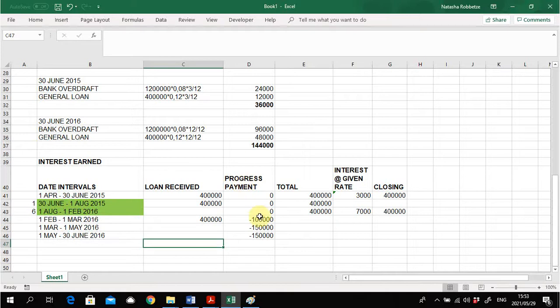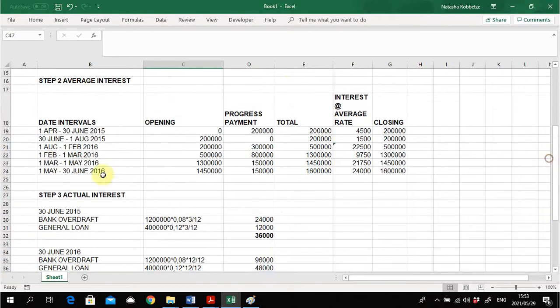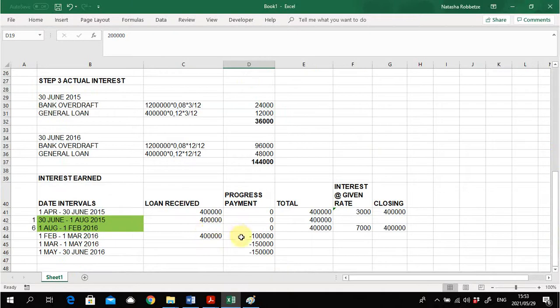Please note how the progress payments are now minused with interest paid. Progress payments are added. So 400 minus 100 gives us 300,000. So that will be interest earned on 300,000 Rand times 3% times the interval period, and that's 1 month. Then we are on the 300,000, minus 150,000 is 150,000 left.